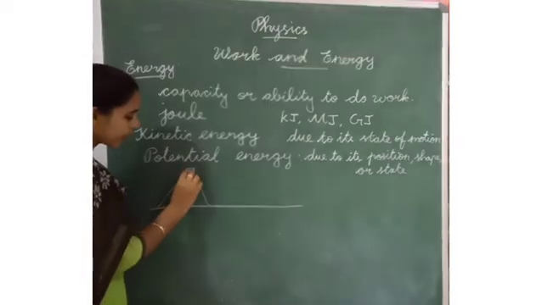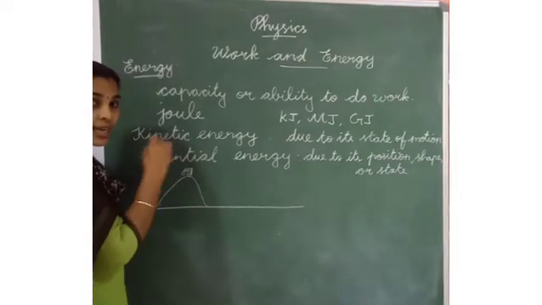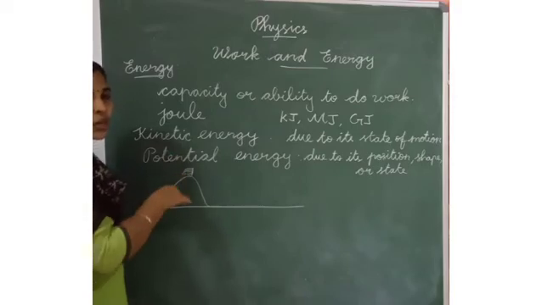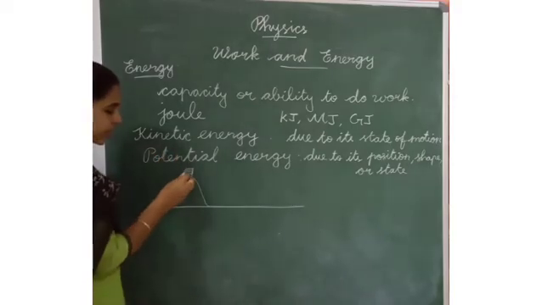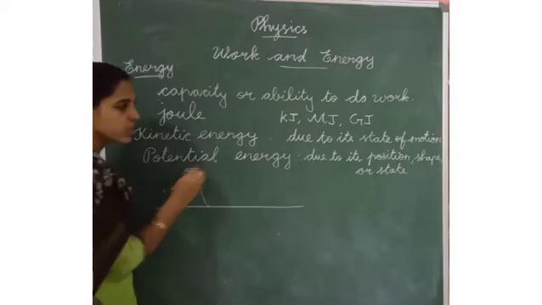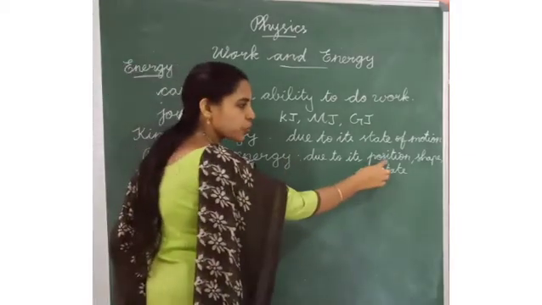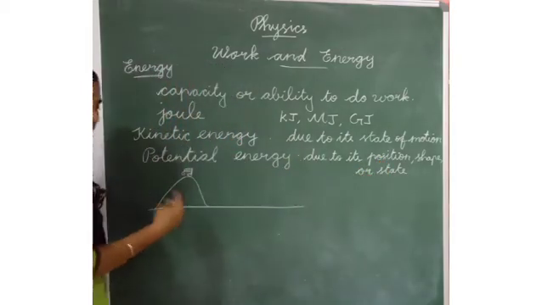This car is staying on the hillside. This is the potential energy because here there is no movement of the object. This is the energy the object has due to its position, shape or state.